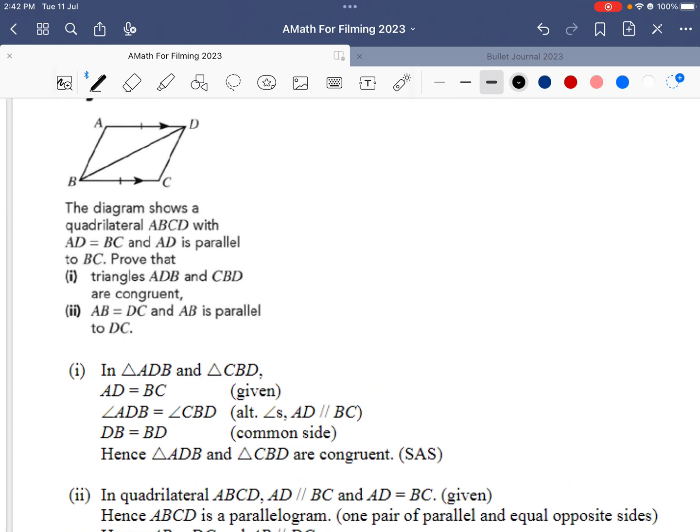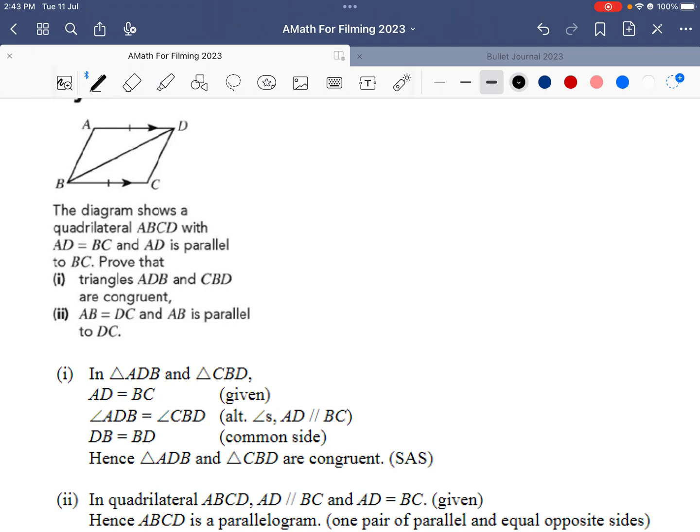Okay, so now in try 5, first and foremost, we're trying to prove that ADB and CBD are congruent. It shows a quadrilateral, the two sides, and AD equals BC. So quite simple, if I just write down AD is equal to BC, that is given. Also, since they are parallel here, I know that angle ADB and angle CBD are equal because of alternate angles and parallel sides.